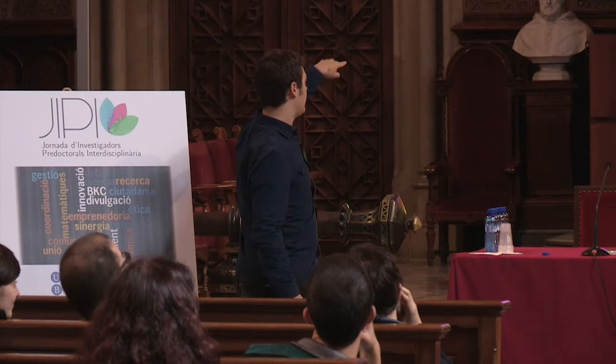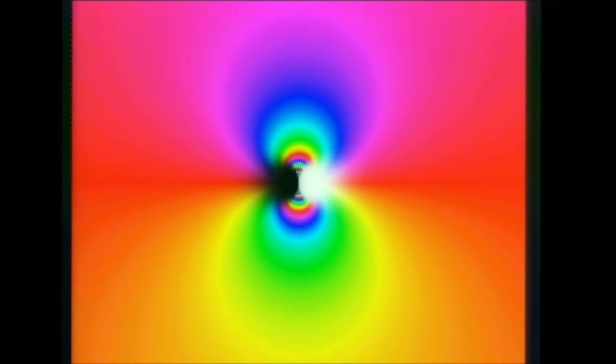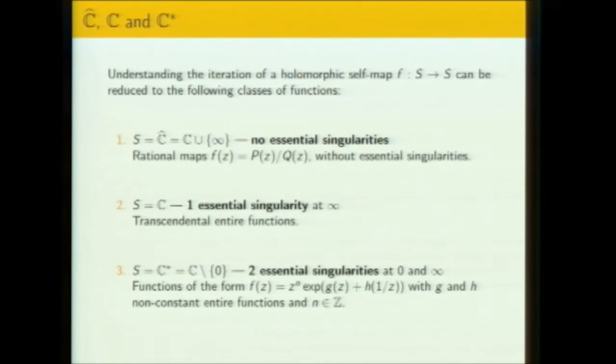If you approach from the right, you tend to plus infinity. If you approach from the left, you tend to 0. But in any other direction, you can see that there are infinitely many different colors, which means that the limit doesn't exist. So we have to deal with these guys, the essential singularities.